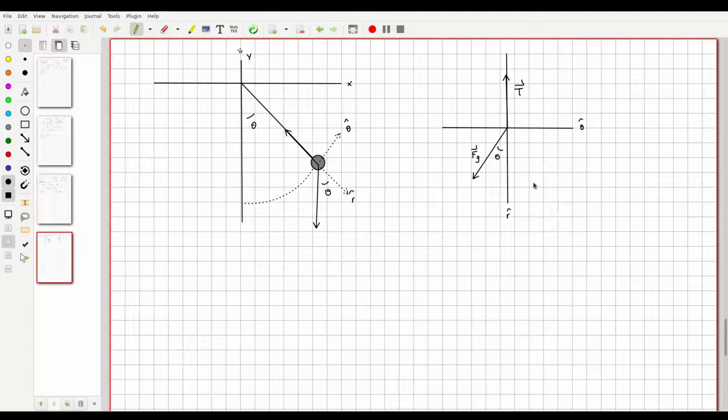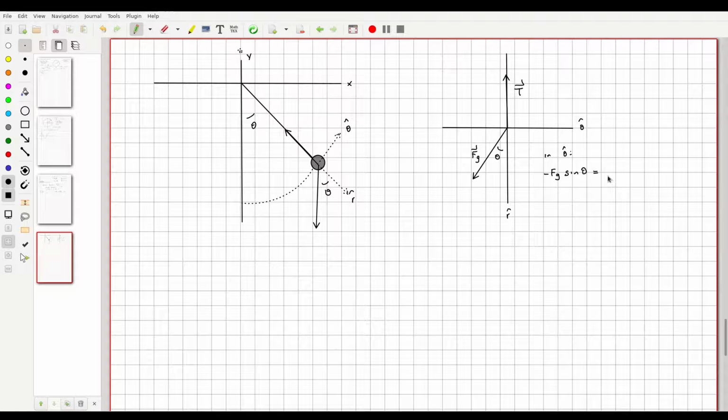Now, what I'd like to point out here is that if you think about what's going on in the theta hat direction, that part of the weight that sits in that direction is what's making this thing swing. So in the negative theta hat direction, we have minus FG times sine of theta.